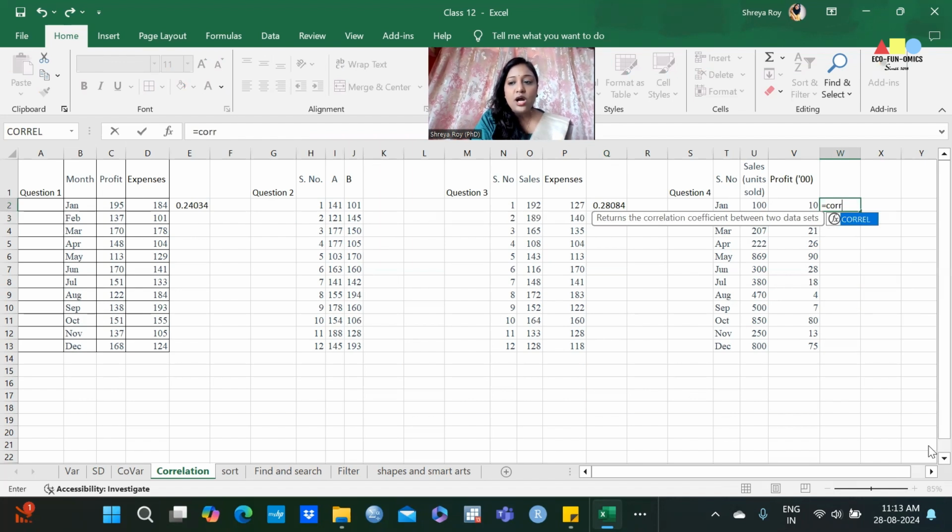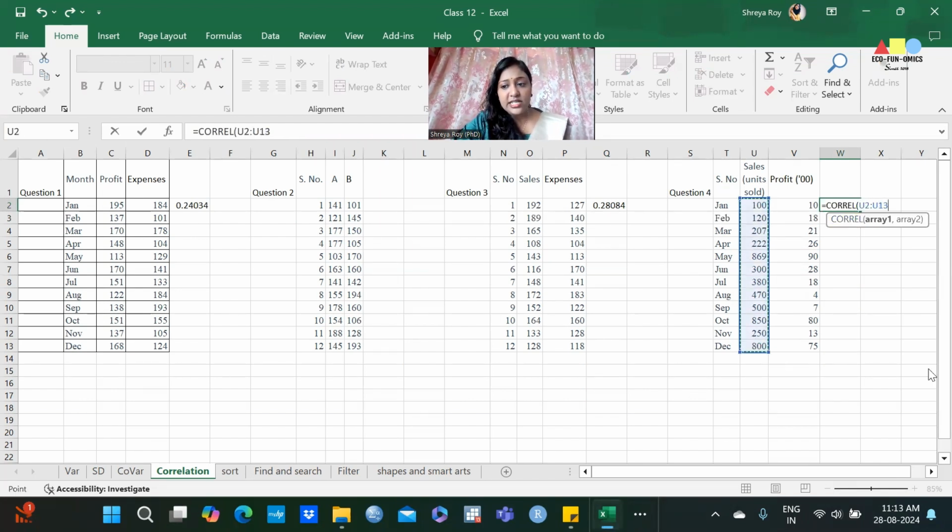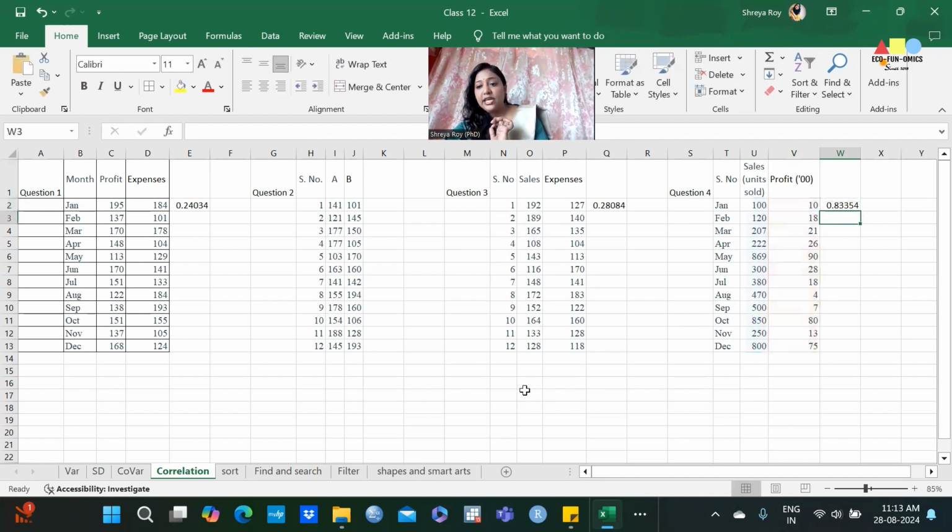Is equal to CORREL. Select the first data range, comma, select the second data range, close bracket, enter. Here we get 0.8335, which is 0.834, which is strongly positively related, which means as sales increase, profits also increase.